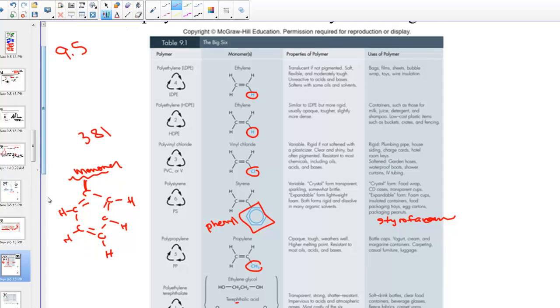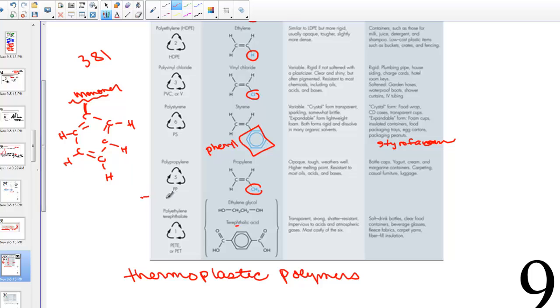Now, all of those monomers, up until this one here, were built by this process we called addition polymerization. That's what we talked about in terms of unpartnering each electron and creating a radical, and the chain would propagate with like radicals.